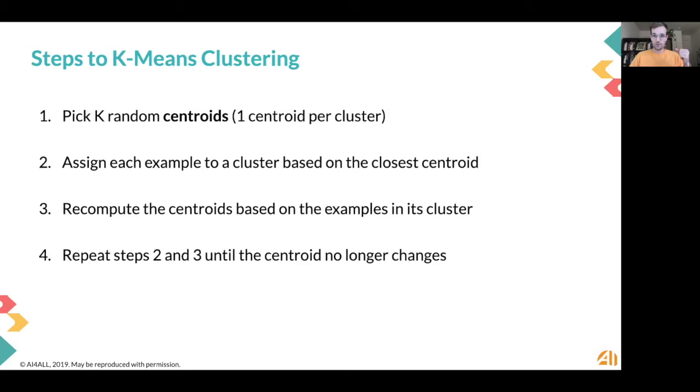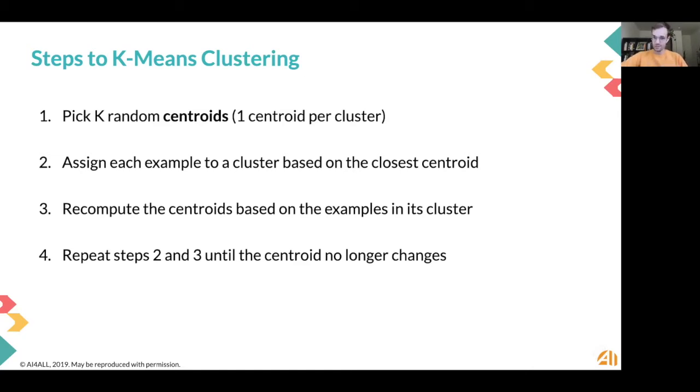The first thing you're going to do is take every example and assign each example to the nearest centroid. And then now you have a bunch of points that have been assigned to that centroid, and then you can move the centroid to the middle of the examples that were assigned to it and repeat.